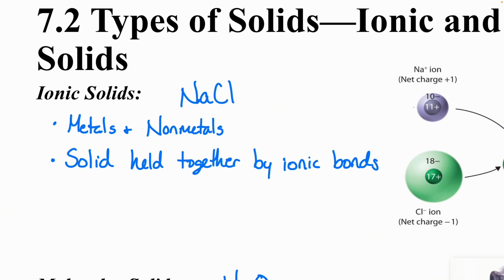We talked about these intermolecular forces. An ionic bond is way stronger than just interactions between neighboring molecules, than, for example, a hydrogen bonding interaction. So these ionic bonds are very strong interactions.